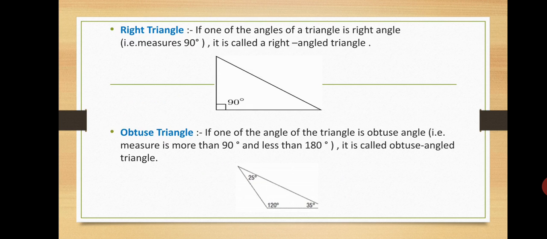If we look at this figure, one angle that is 120 degrees is more than 90, and the rest two, that is 35 degrees and 25 degrees, are less than 90. This means one of the angles of this triangle is obtuse. Obtuse means more than 90 degrees and less than 180 degrees. So this triangle is an obtuse angled triangle.